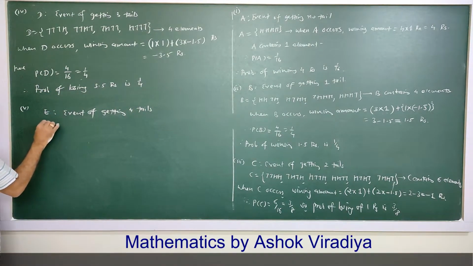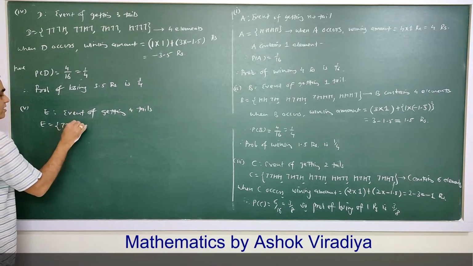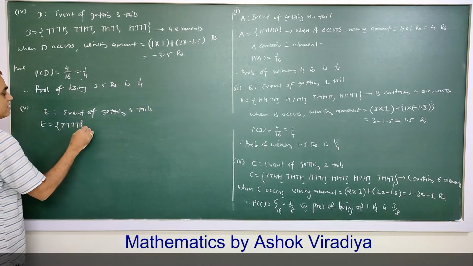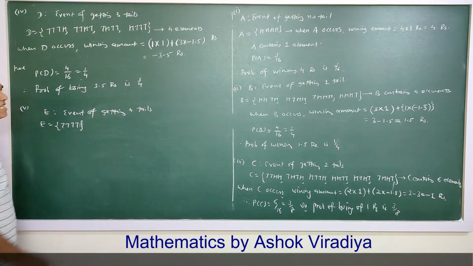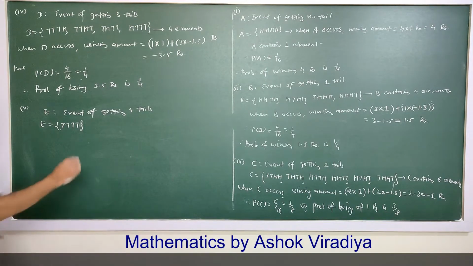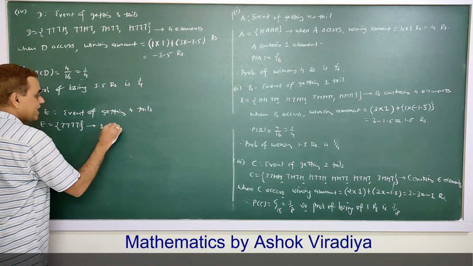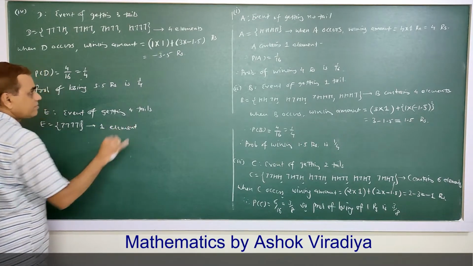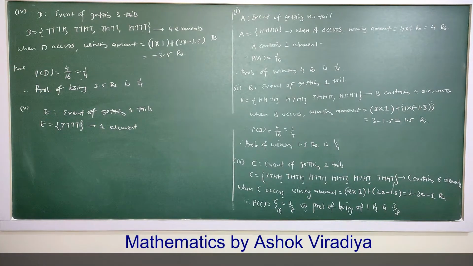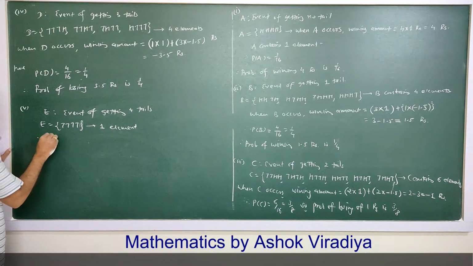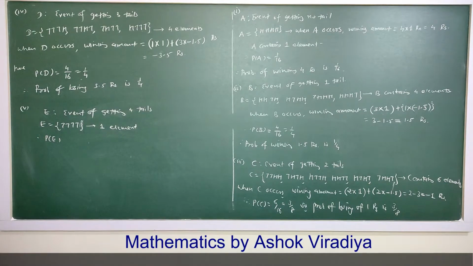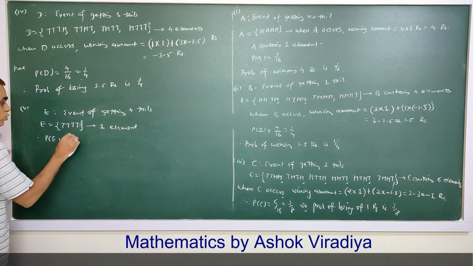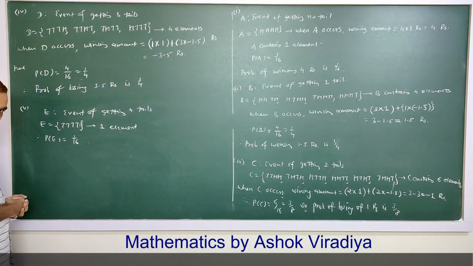So E is the event of getting this element. E contains only one element. Probability of E is equal to 1 by 16.